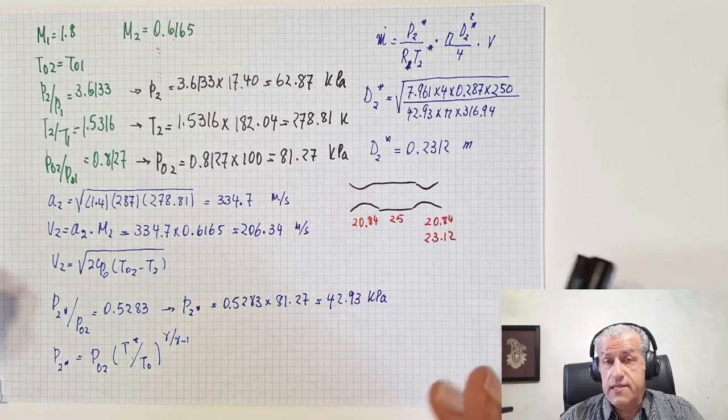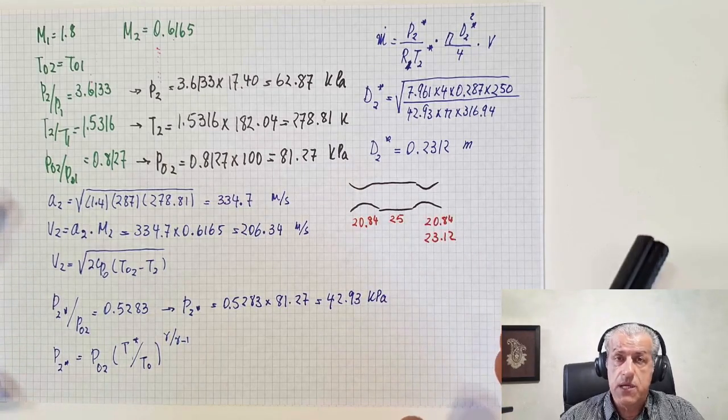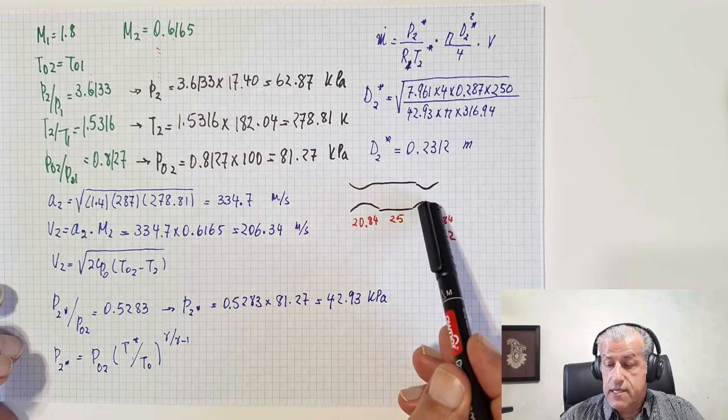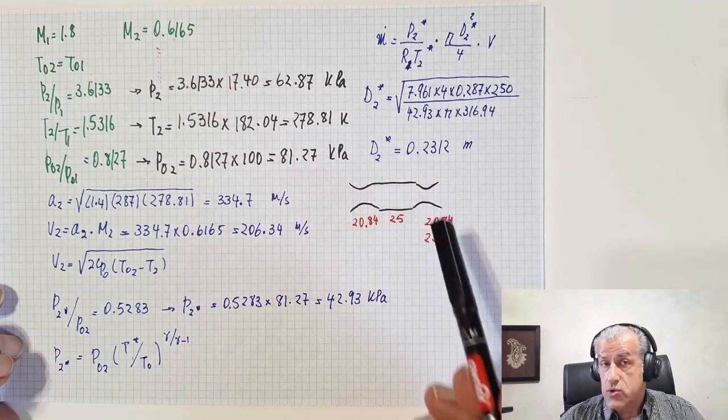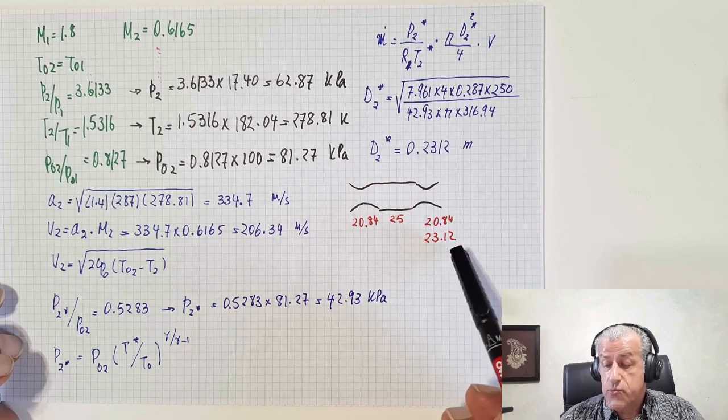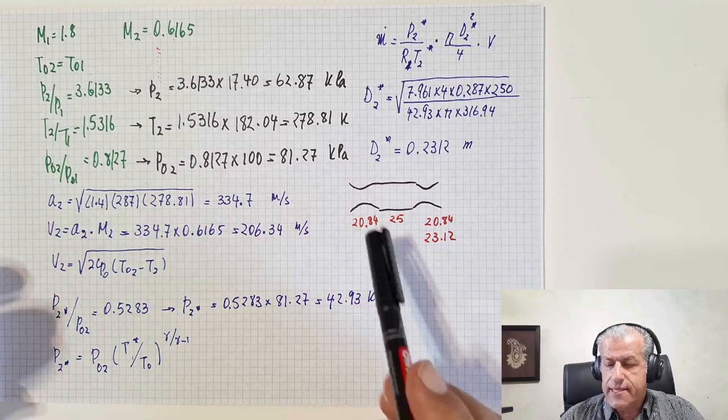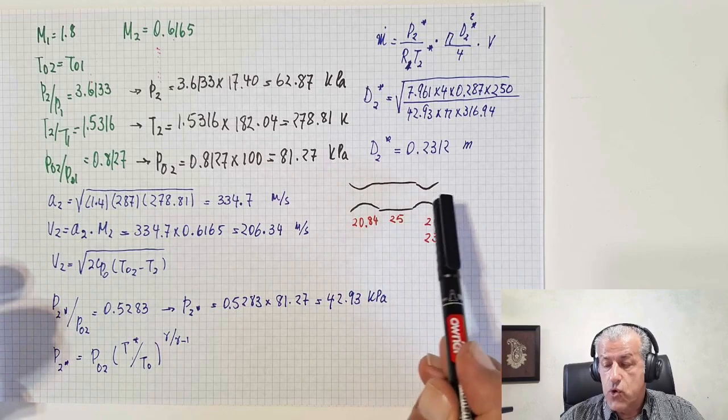So if this is a fixed geometry wind tunnel, this second throat has to be 23.12 just to let the shock wave go through.